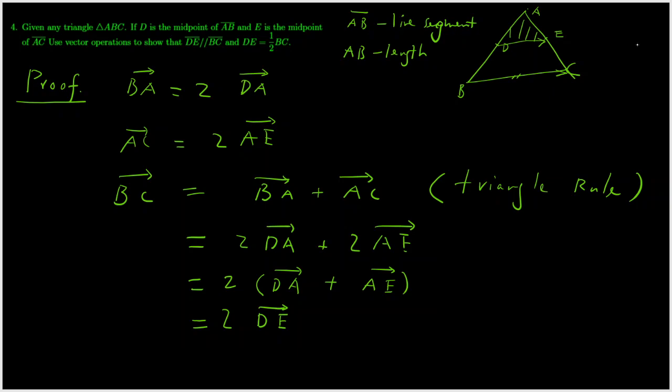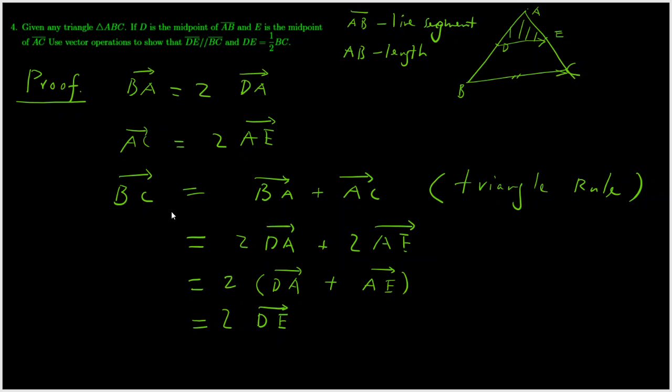BC and DE, they differ by a scalar multiple. They are either in the same or in the reverse direction. Actually, they are in the same direction, because the scalar is positive. In particular, they are parallel.